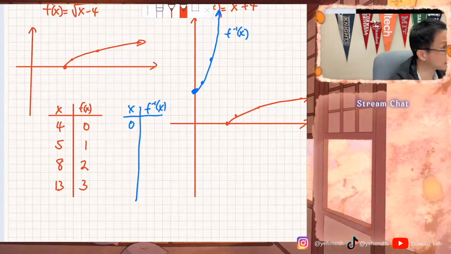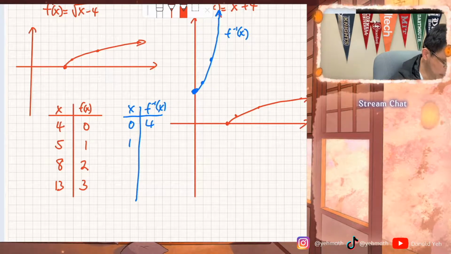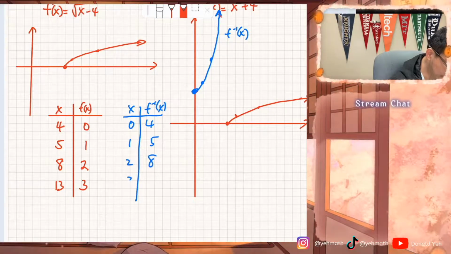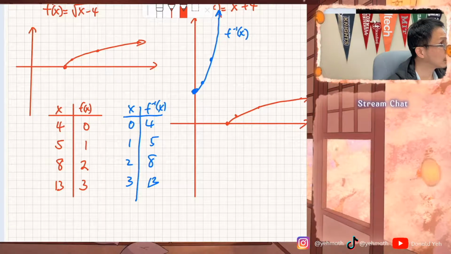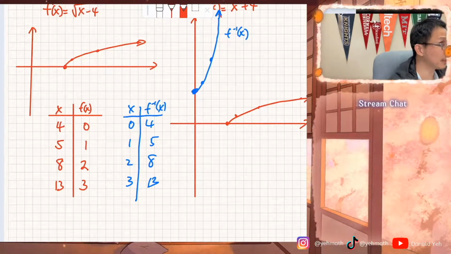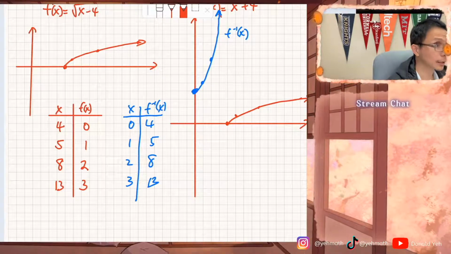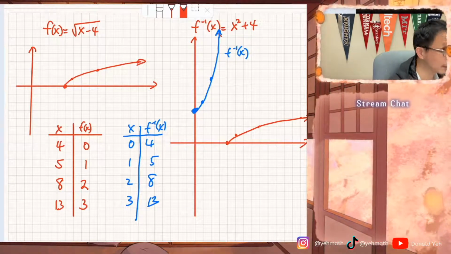What happens if I plug in 0? You get 4. What happens if you plug in 1? What happens if you plug in 2? 3 and 13. Do you see this switch? This is still the idea of an inverse function. They're not derivatives yet. Okay, are we okay here? So we did it on this graph, and we show you the blue line and red line.